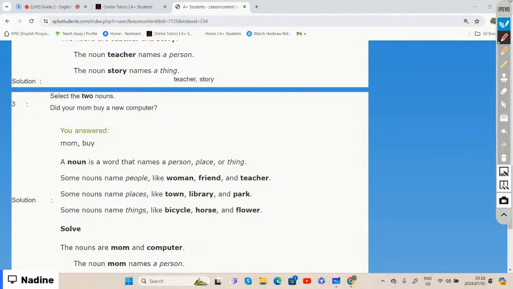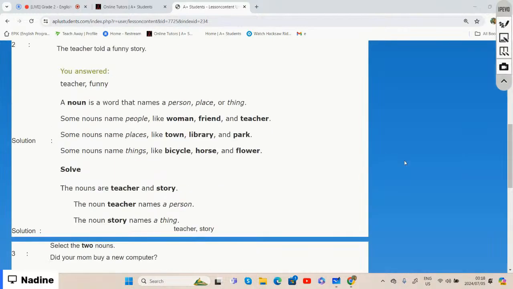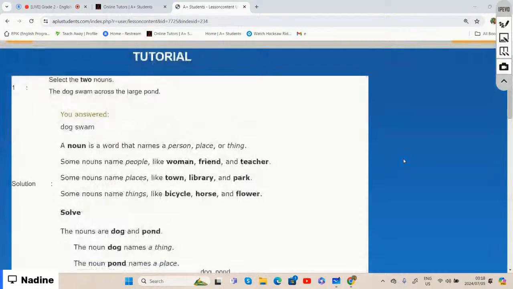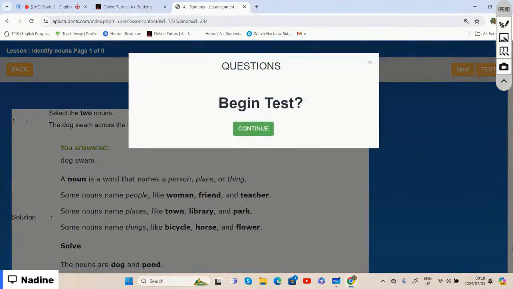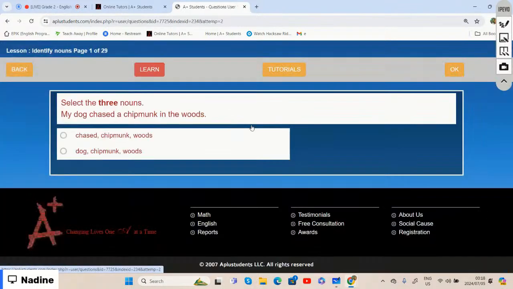All right, so now we're going to our test, where we are going to identify the nouns. We need to select three nouns within the sentence. The sentence says, "My dog chased a chipmunk in the woods."